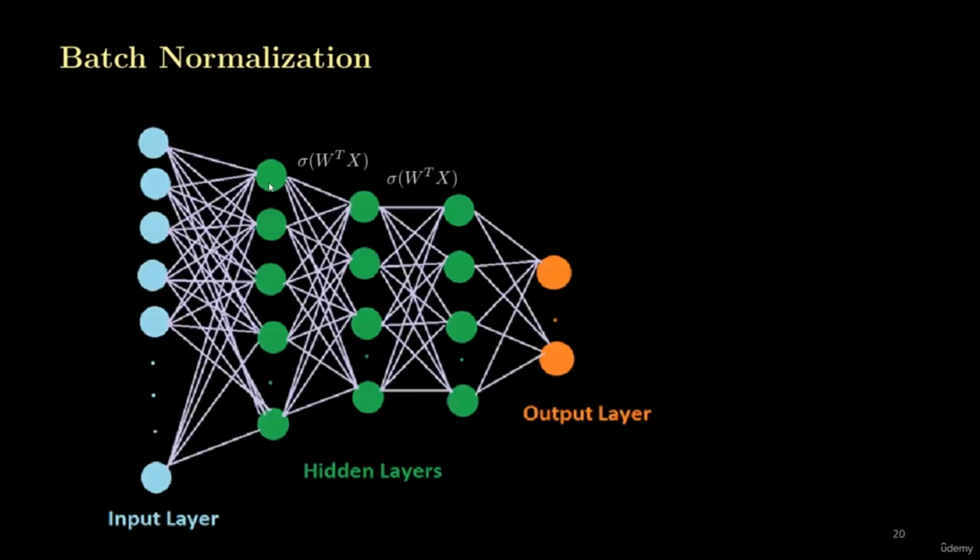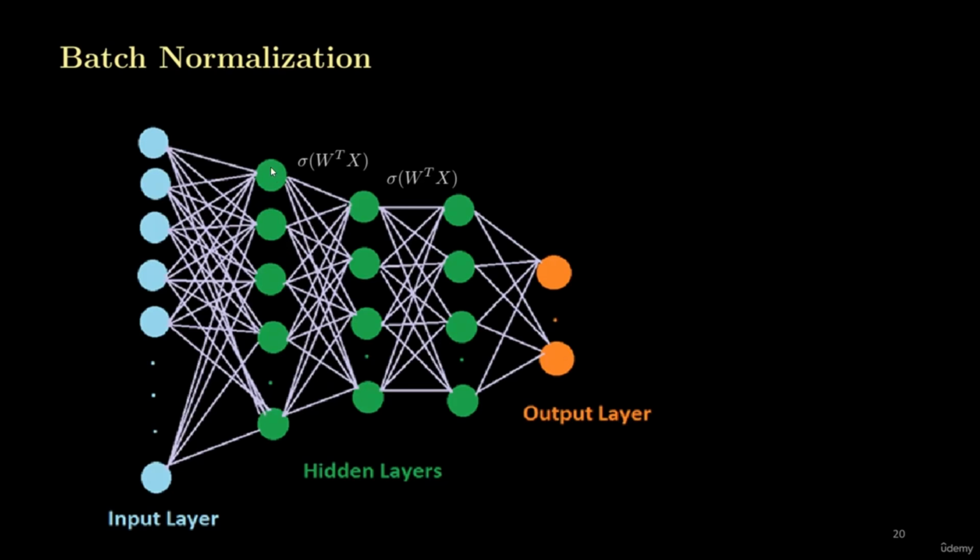So let's understand batch normalization more with the help of this neural network. We have the input layer, three hidden layers, and the output layer. Before passing the data to the input layer, we normalize the data, then we pass it to the input of the neural network. But when data travels from the input layer to the first hidden layer, it gets scaled.